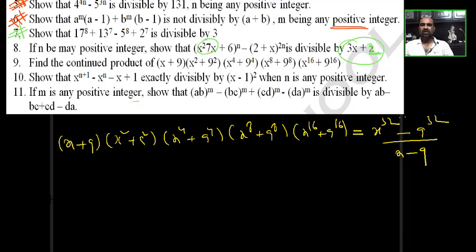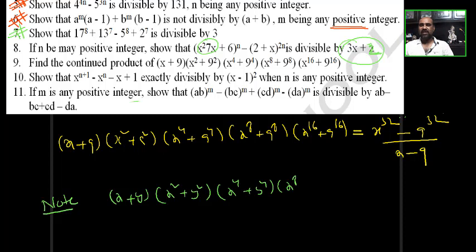So here, important note, now you can generalize this concept. You can generalize (x plus y) into (x square plus y square) into (x power 4 plus y power 4) into (x power 8 plus y power 8) into so on.